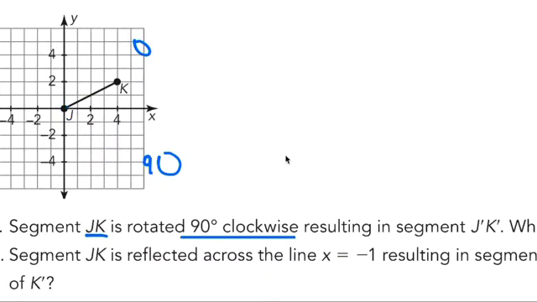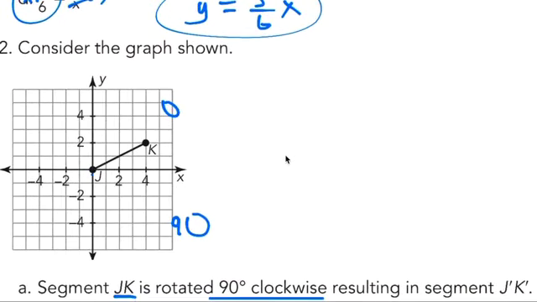You're going to create a 90 degree angle from that line. It's going to be right there. Notice this becomes -4, and that is 2, -4.